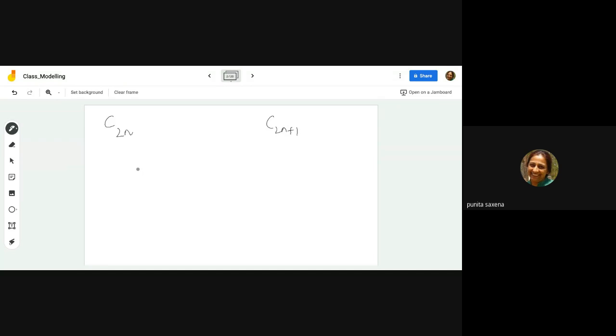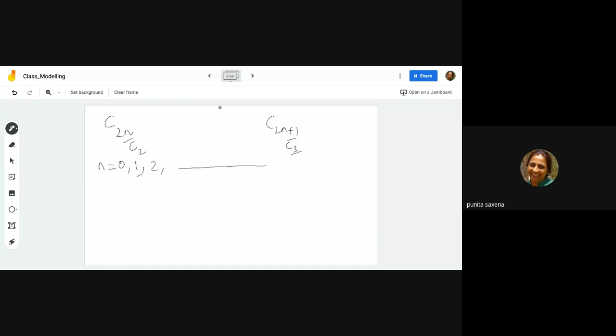Is this clear now? Yes, ma'am. See, ultimately, your n will vary from 0, 1, 2 and so on and so forth. So when n is 0, in both the cases we have C0 and C1. But what happens when n is 1? You are getting C2, C3.